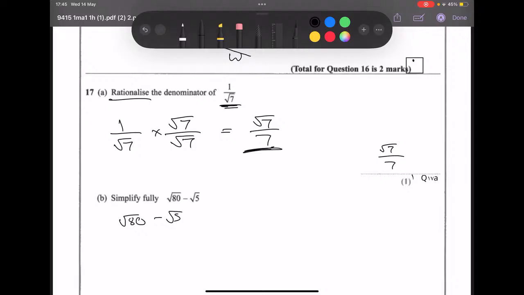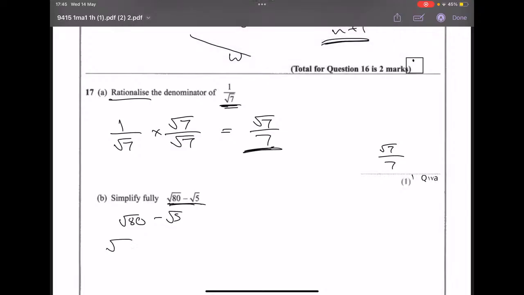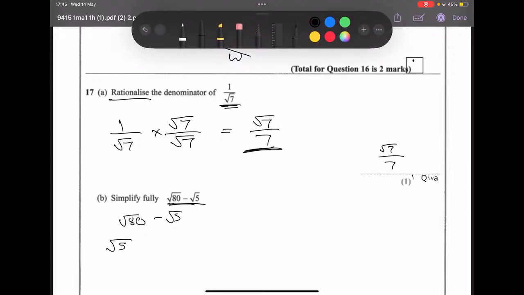Root 80 has a factor of root 5, so we need root 16 times root 5, subtract root 5. This would essentially be 4 root 5 subtract root 5. To make this easier for some people, just put a 1 there, and this would be 3 root 5.